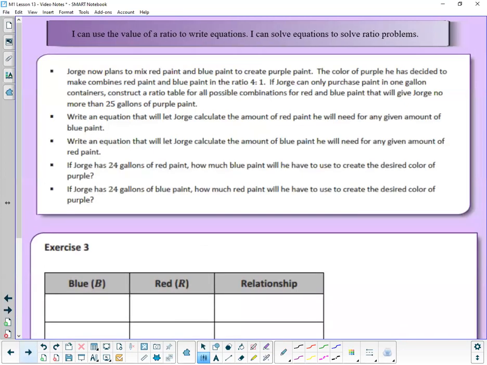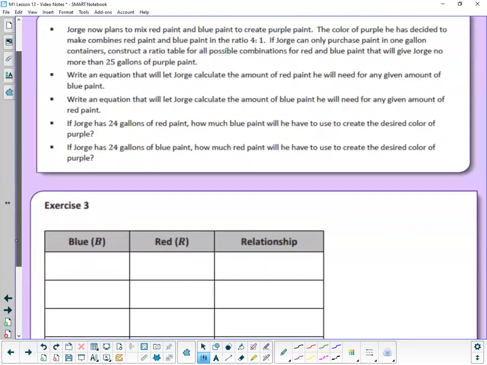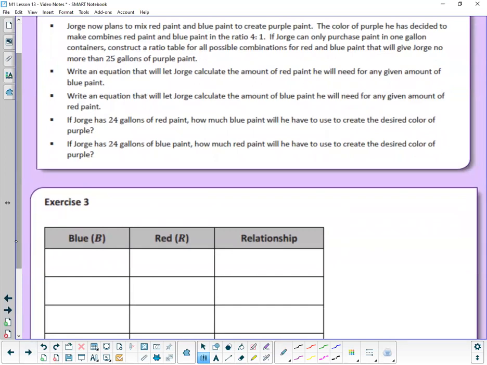All right, now they kind of throw a little bit something at you. And this is where we have to slow down and you need to really pay attention. It says Jorge now plans to mix red paint and blue paint to create purple paint. The color of purple he has decided to make combines red paint and blue paint in a ratio of 4-to-1. I'm going to just highlight that.